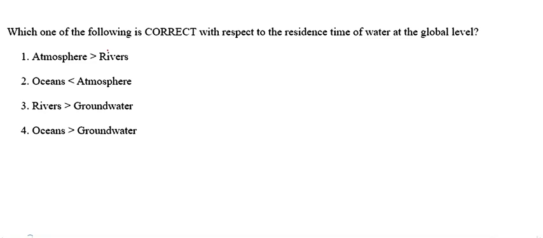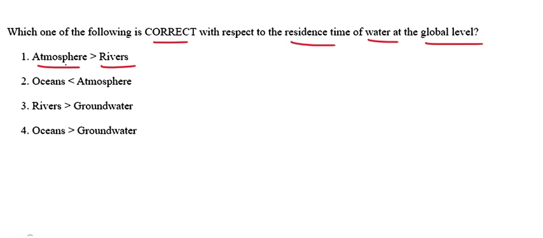So in this question, which one of the following is correct with respect to the residence time of water at the global level? Okay, let's go with the options. Atmospheric water is greater than river water, meaning atmospheric water residence time is more than the river water.